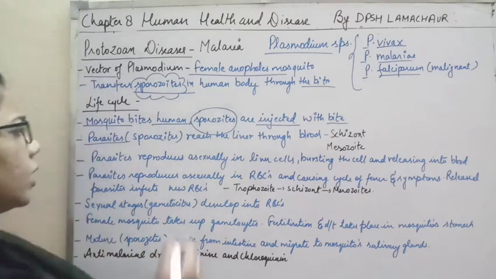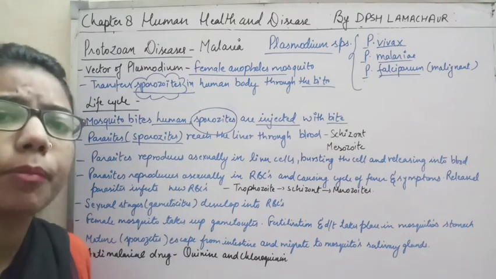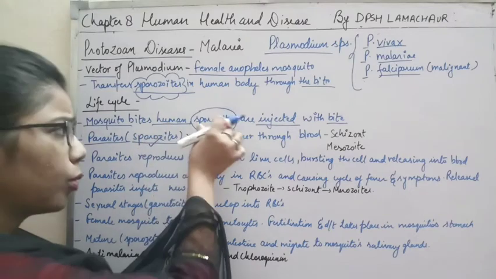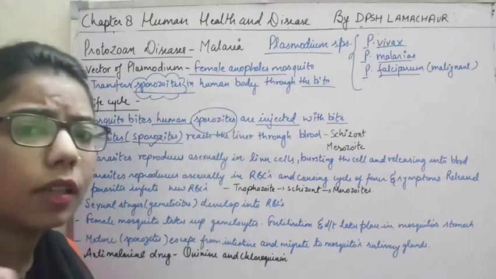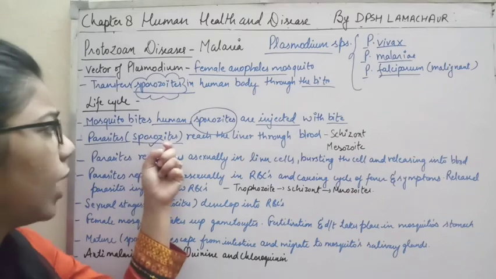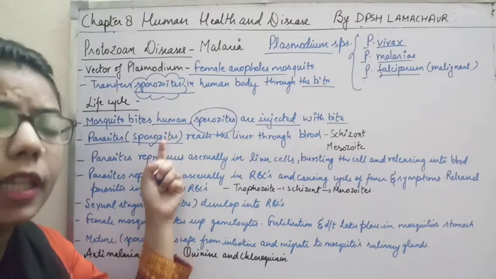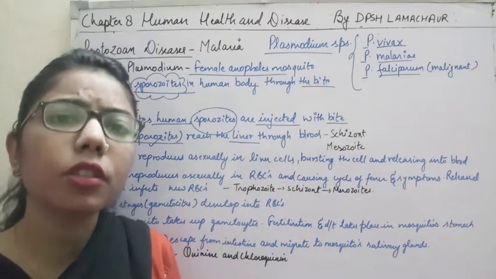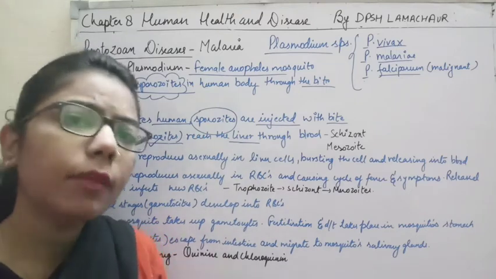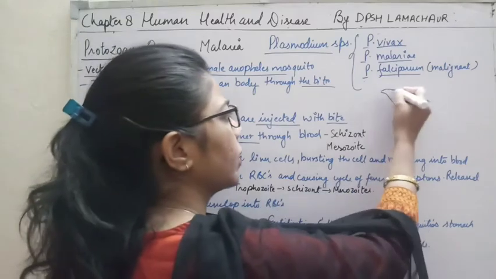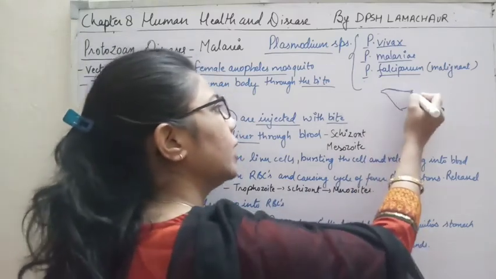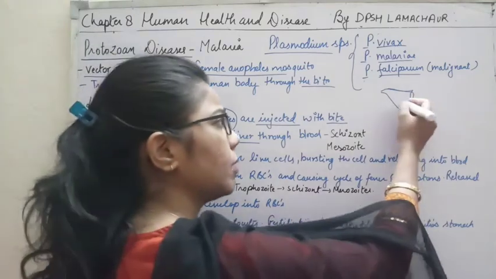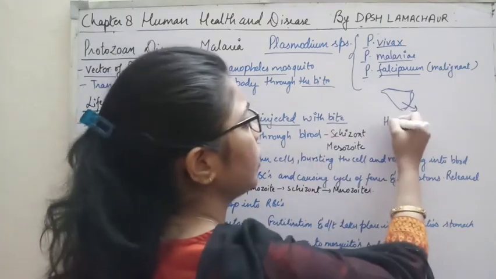So what is it doing? This sporozoite is a parasite which affects the person, and while biting the person, this sporozoite will reach the liver cells. In the liver there are some cells, and the cells present in the liver are known as hepatocytes.